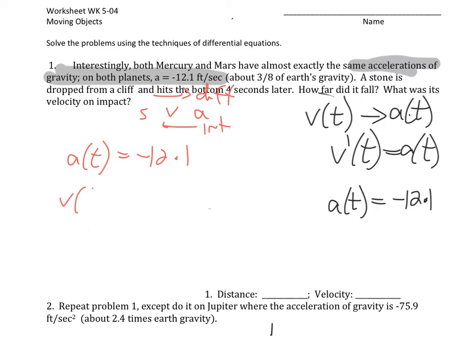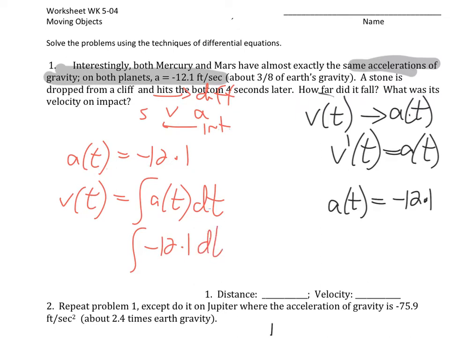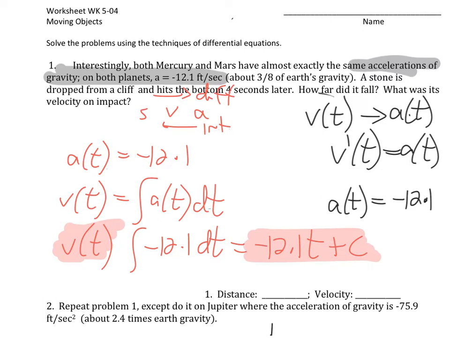The velocity, V of t, is going to be the integral of the acceleration. So the integral of negative 12.1 dt is negative 12.1 t plus a constant. So the velocity is equal to negative 12.1 t plus a constant.